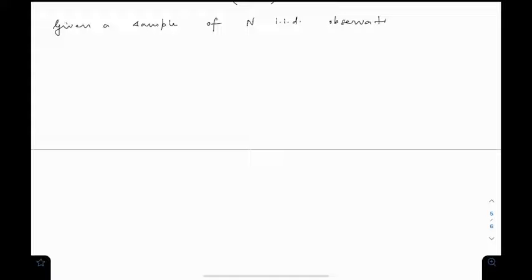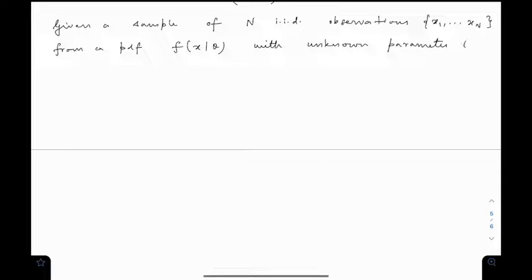If we denote by x1 up to xn observations from some PDF with unknown parameter theta, we can form its likelihood or the log likelihood in the following way.